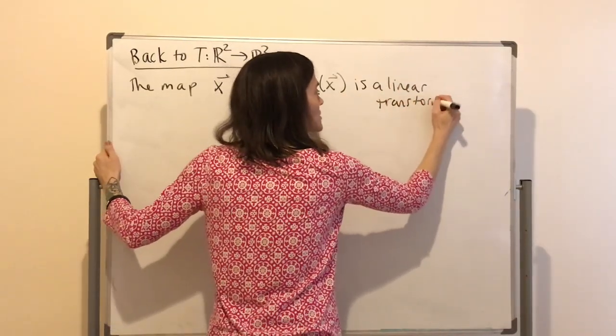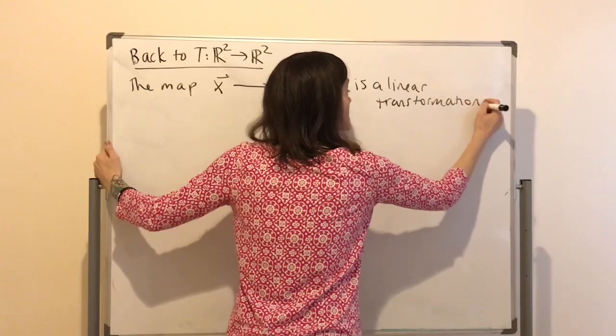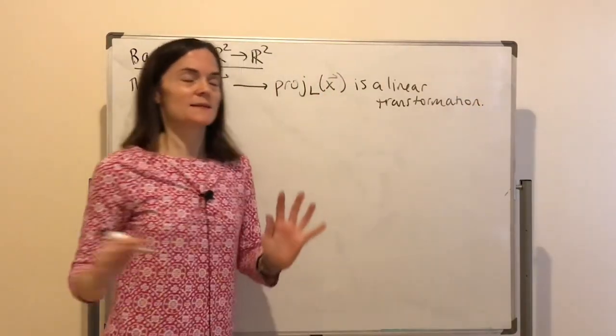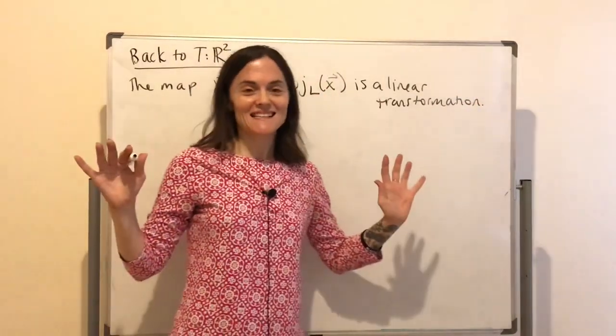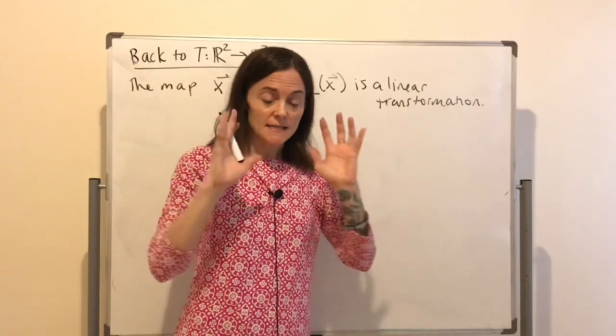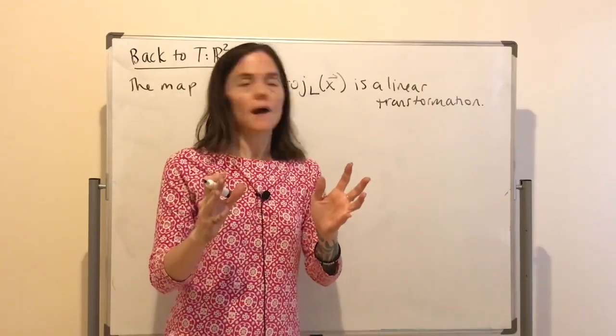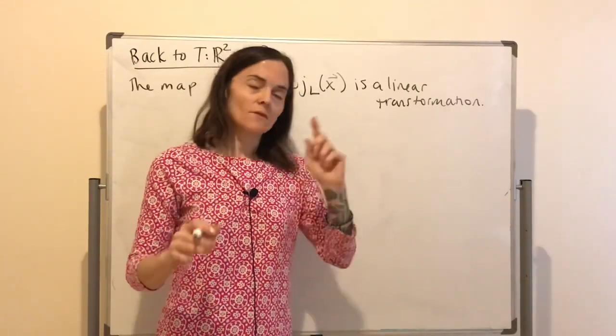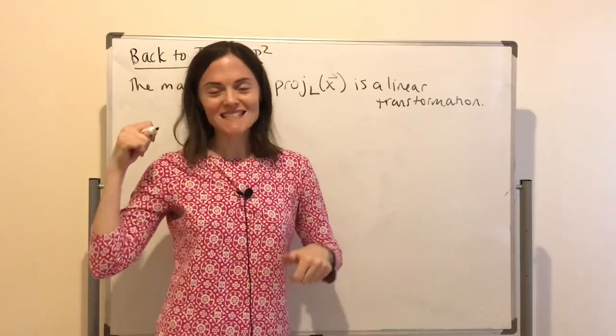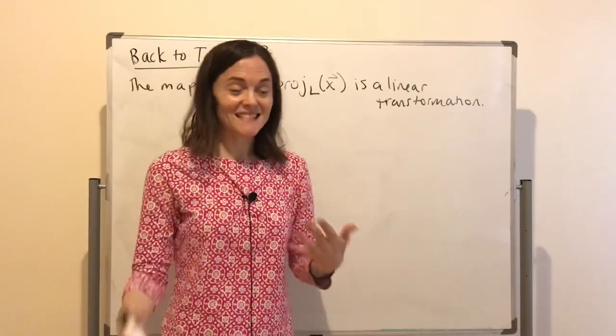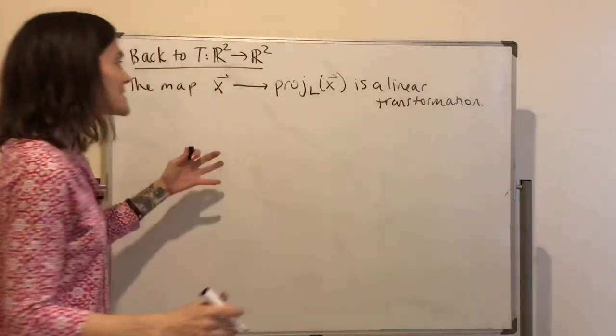And what we'd like to do now is find its associated matrix. And this is a big theme in this section: to see different types of matrices that come up when we are doing rotation, orthogonal projection, reflection, scaling, shearing, things like this. And this is our first one.